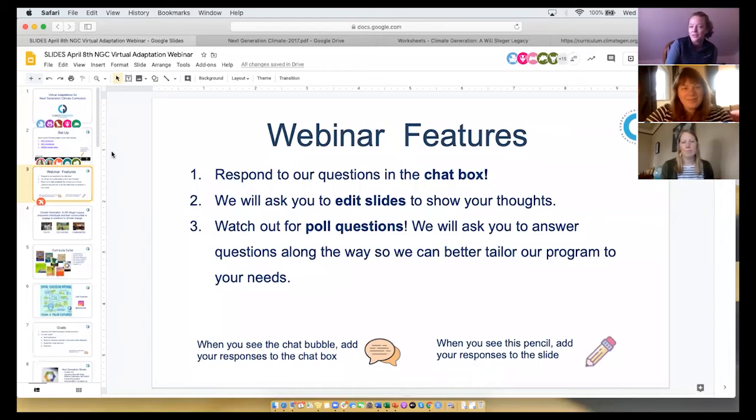And to make that easier for you, we've created some icons. We have a little chat icon and we have a pencil icon. So when you see the chat box, we'd like you to put your answers in the chat. And when you see a pencil, that means your job is to edit the slide. If you have any questions about those things or don't know where to go, you can always ask Sarah.